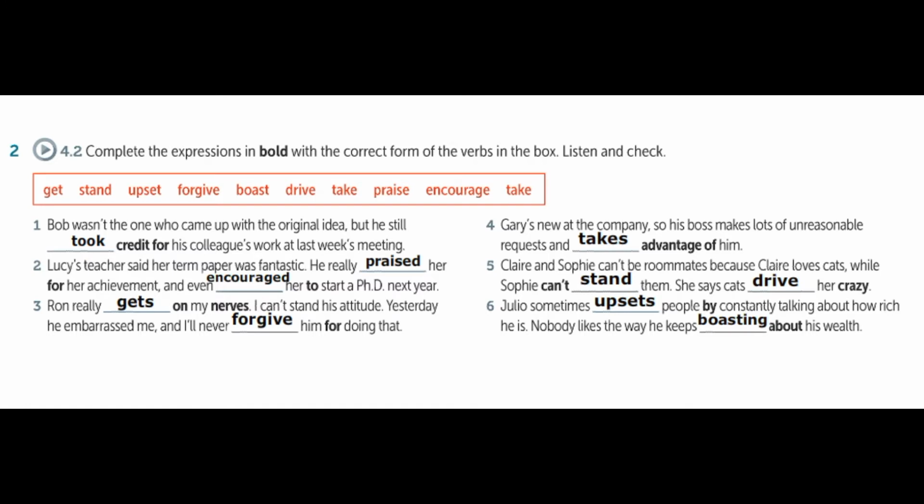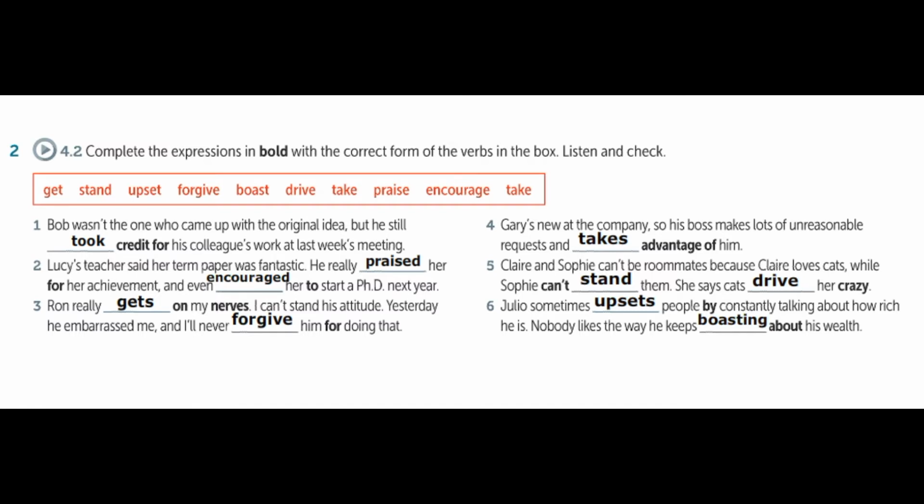Number 5, we have two expressions here. Can't stand equals you don't tolerate, you hate, and drive her crazy. She says cats drive her crazy, so they make her feel insane. Number 6, the expression is upset someone. When you upset someone, you irritate, you annoy. And Julio sometimes annoys people, irritates people, upsets people. By doing what?